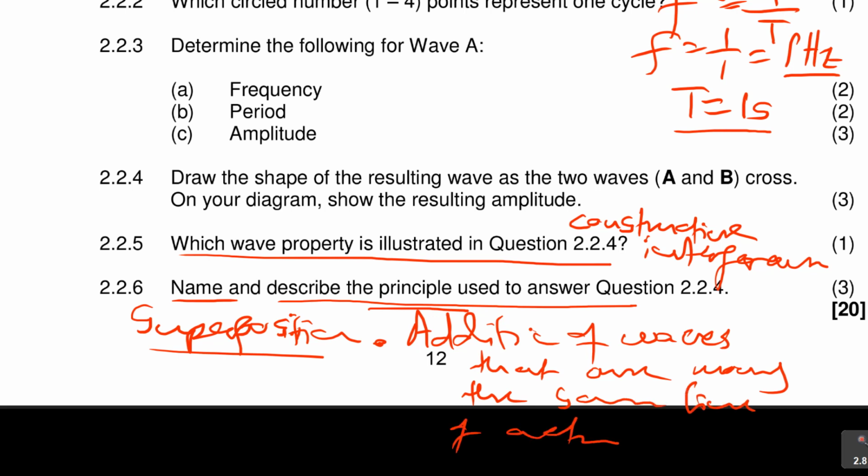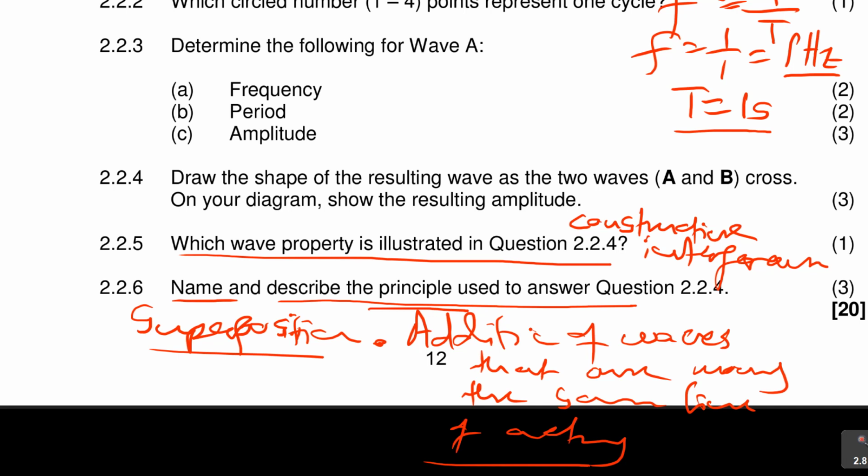When two waves move in the same line of action and they interfere, they add or they subtract. If they are moving in the same line of action, they add. So in superposition, there is the addition. But if they are moving in opposite directions, they subtract. So superposition is the addition of two waves that are moving on the same line of action.